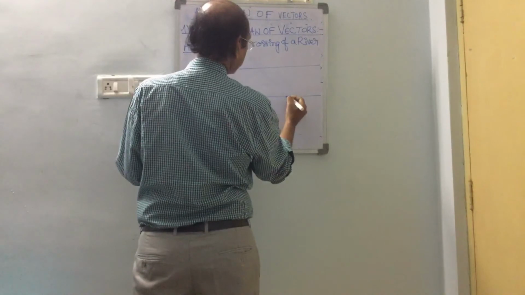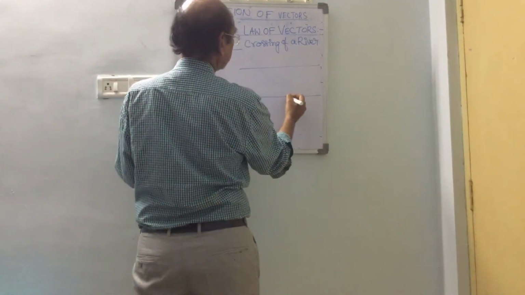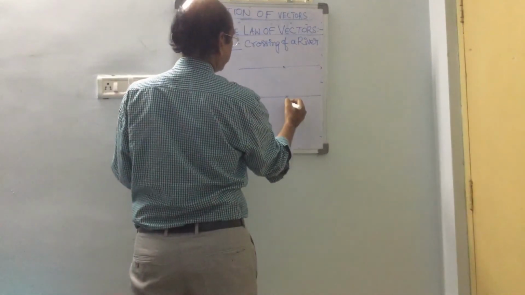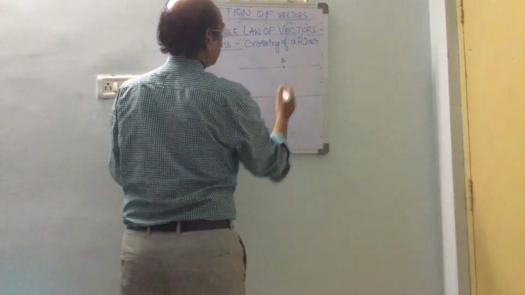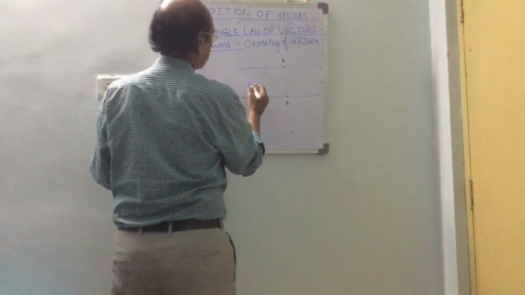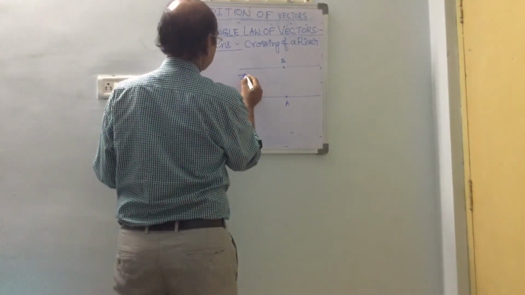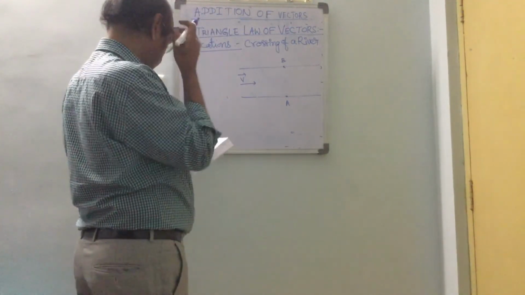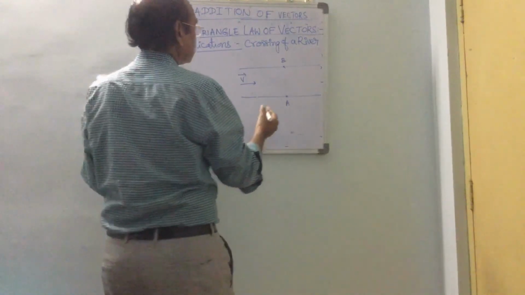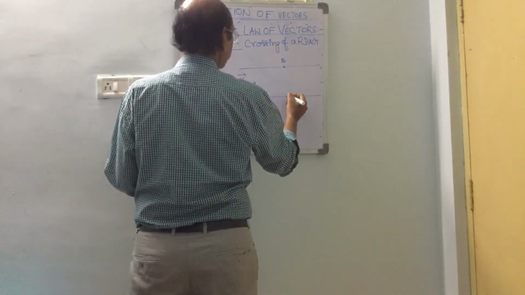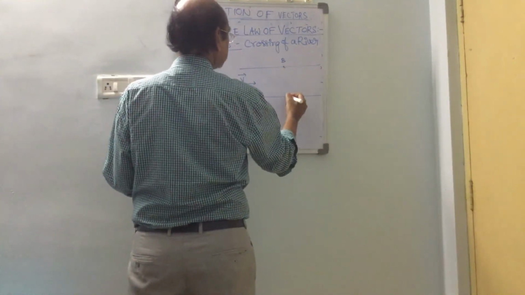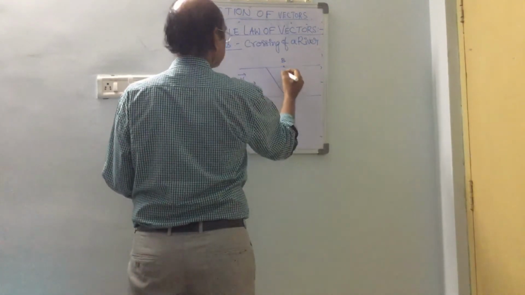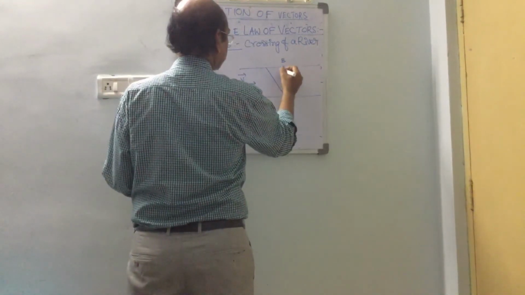Now consider a boat lying on one side of the bank, which wants to travel to the exactly opposite point B. But as the river is flowing towards the right side with velocity v bar, this boat should be pulled at an angle theta in this direction. So the resultant is AB bar.